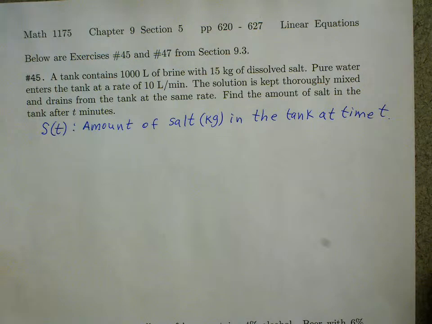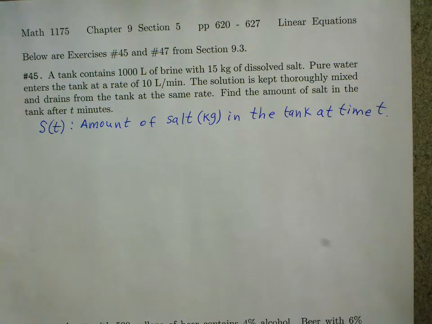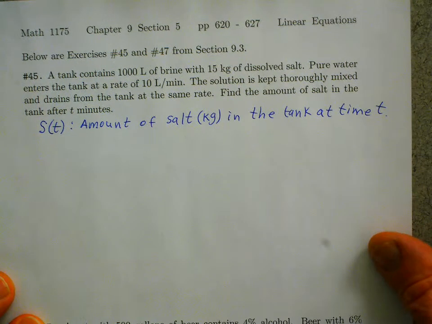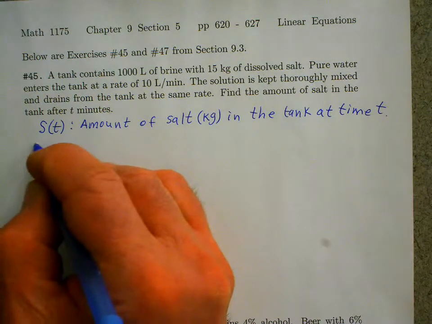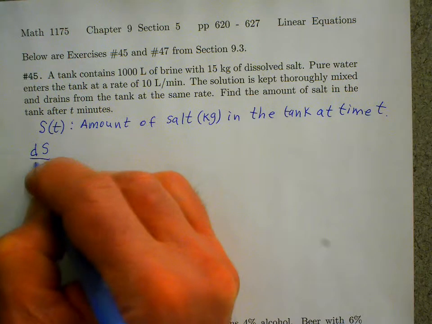Okay, and the information that's given has to do with the rate at which salt is entering and leaving the tank per minute. So in other words, we're given information about the derivative of S with respect to t.